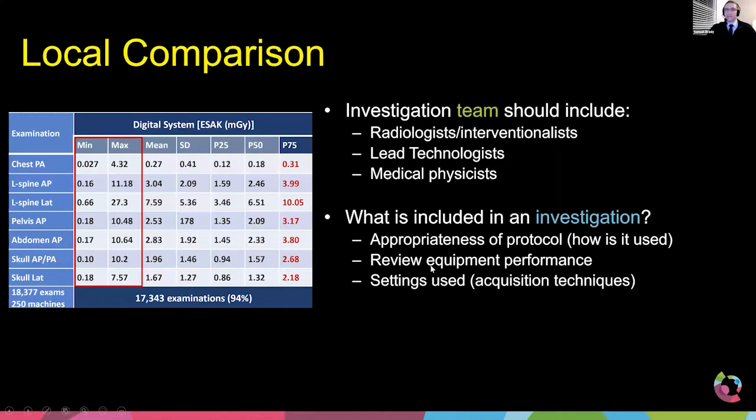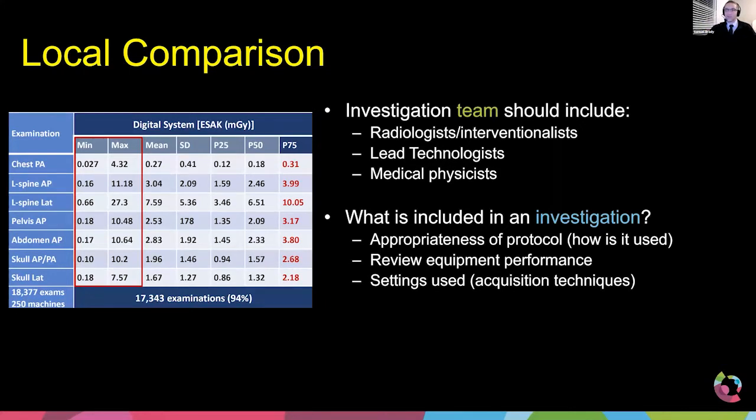Now, if the machine's working properly, next step is, is the acquisition technique set up properly? If you're doing a chest radiograph and it's a common average sized Thai patient, they're going to be somewhere in the 110, 120 kV range.